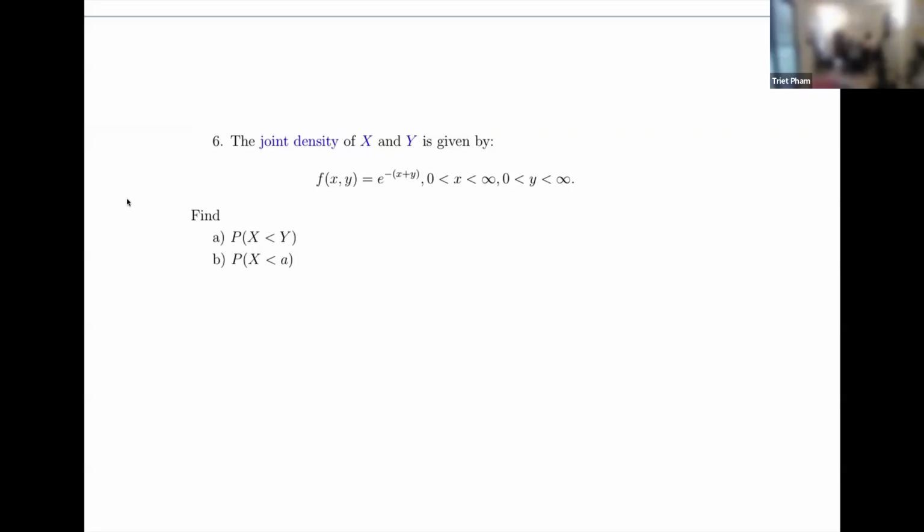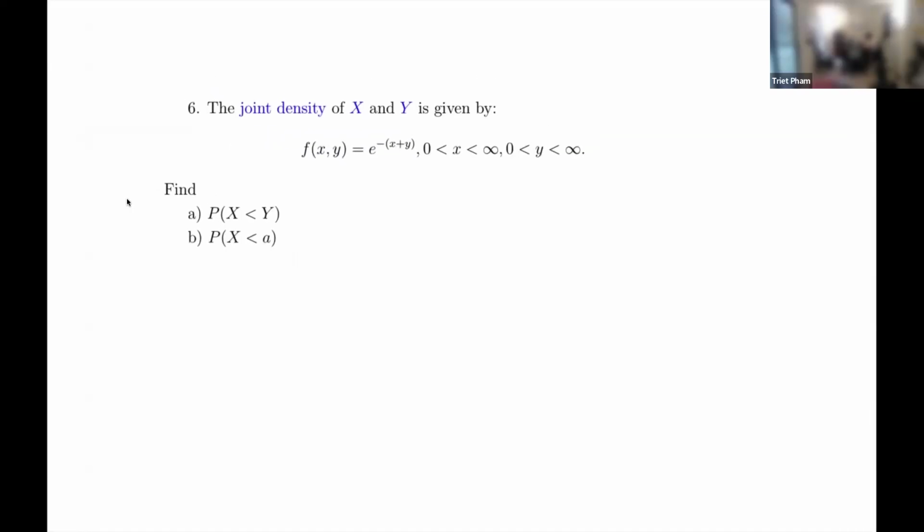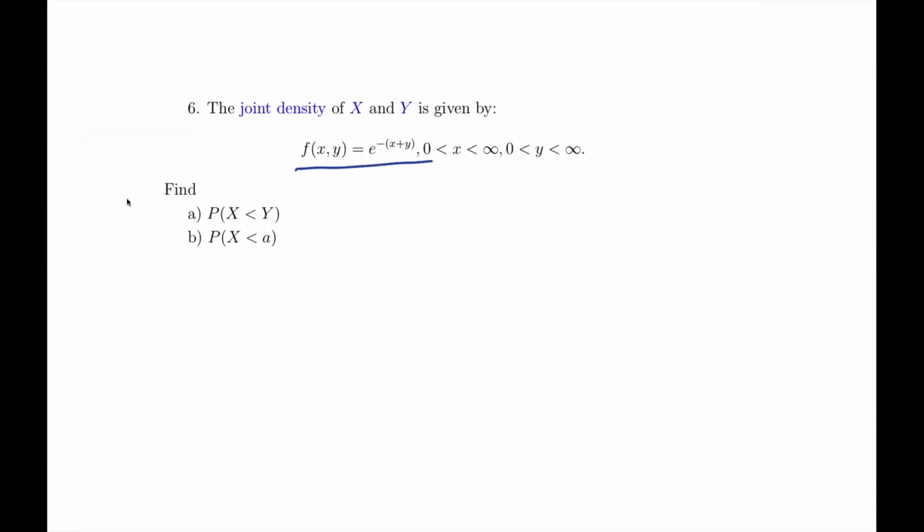Okay. So even though it's not explicitly mentioned for this problem, you need to check. If you look at this joint density, what do you notice about this density? It's symmetric.